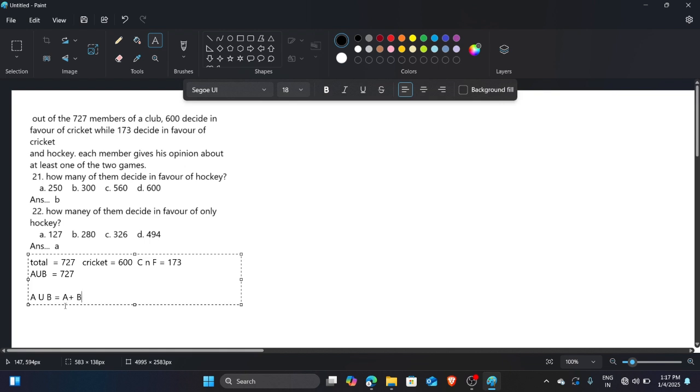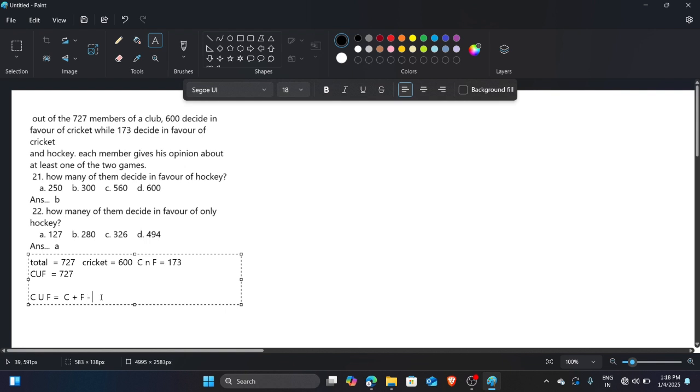So here we consider A as cricket and B as hockey, and here also the same thing. Then we subtract: if you count the students who like cricket, and then you count the students who like hockey, the students who love both games are counted two times, once in cricket and second time in hockey.